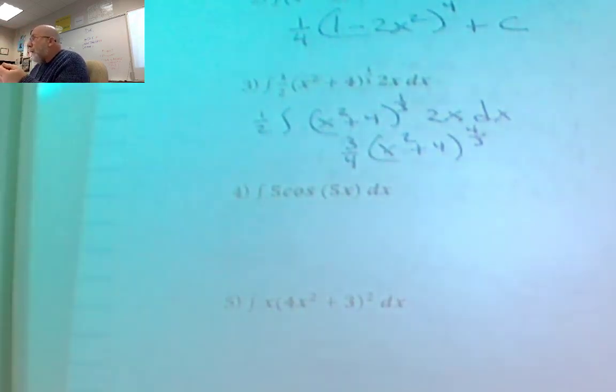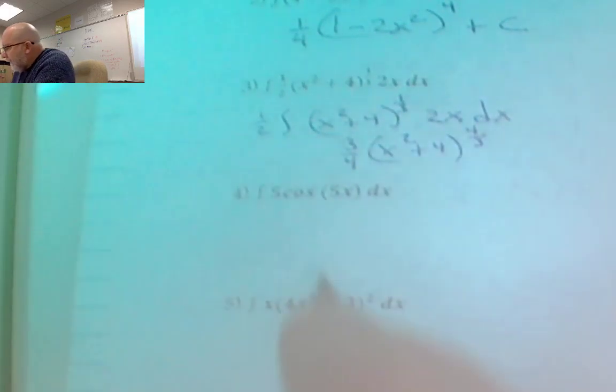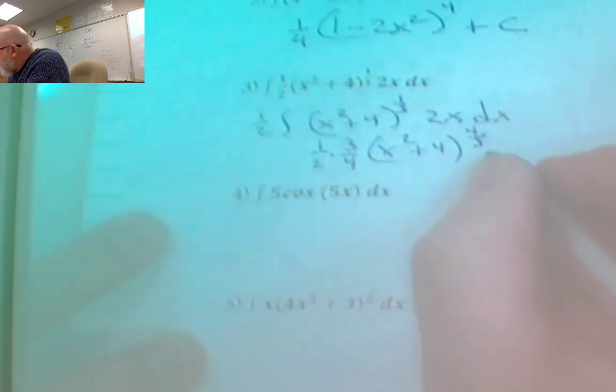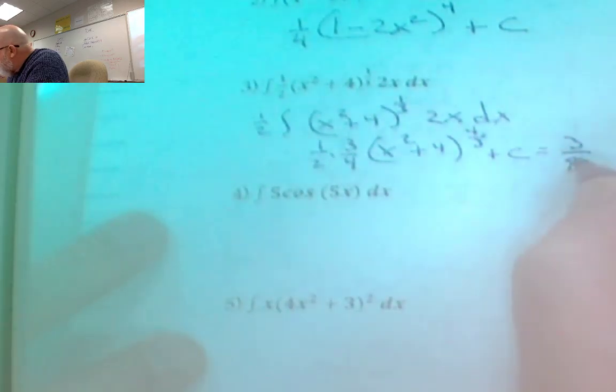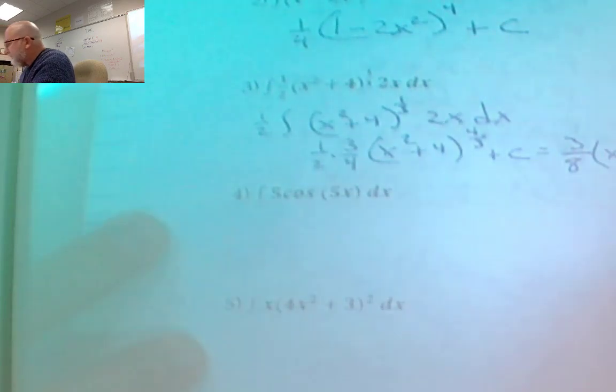Because when I lift up my finger, lo and behold, I multiply my answer by 1/2. So I'm going to take 1/2 times your answer. I'm going to write my plus c so I don't forget that. So I'm going to get 3/8 x squared plus 4 to the 4/3 plus c.